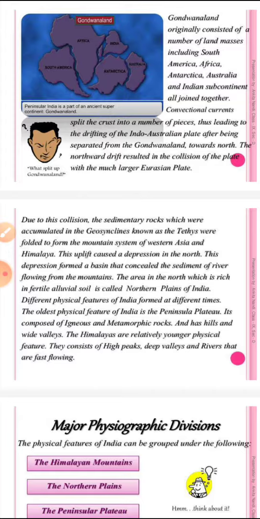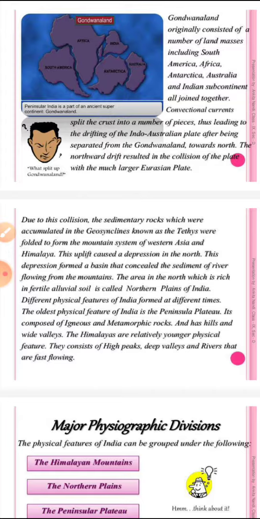So when the Himalayas were taking their birth from the Tethys Sea, at that time the northern edge of the peninsular plateau subsided.